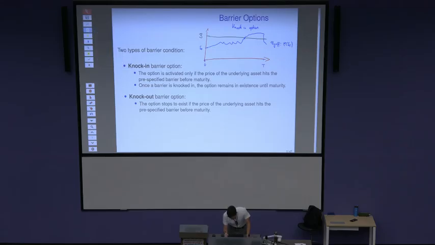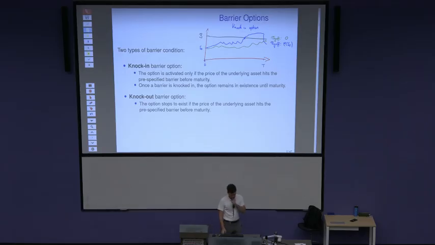And let's say there is another situation where we end up here. Here the payoff would be 0, because we never hit the barrier. We end up above the blue line, but the payoff is smaller because we have never hit the barrier before maturity. And for the knock-out option, the situation is just reversed. Once we hit the barrier, the option dies. We don't get anything.